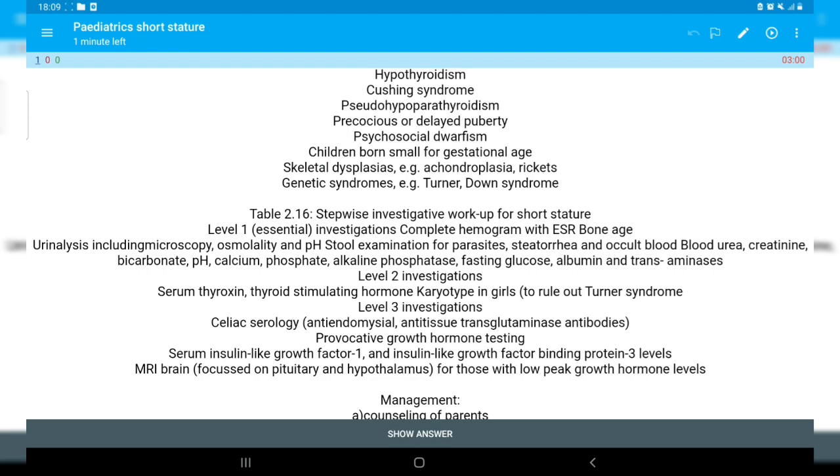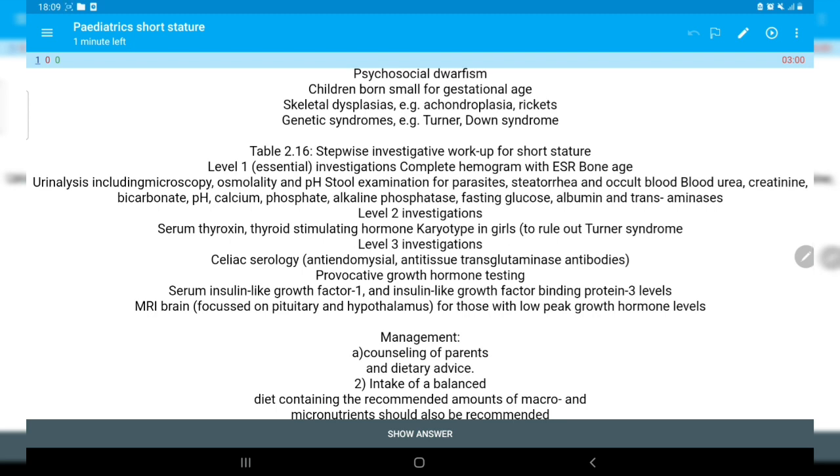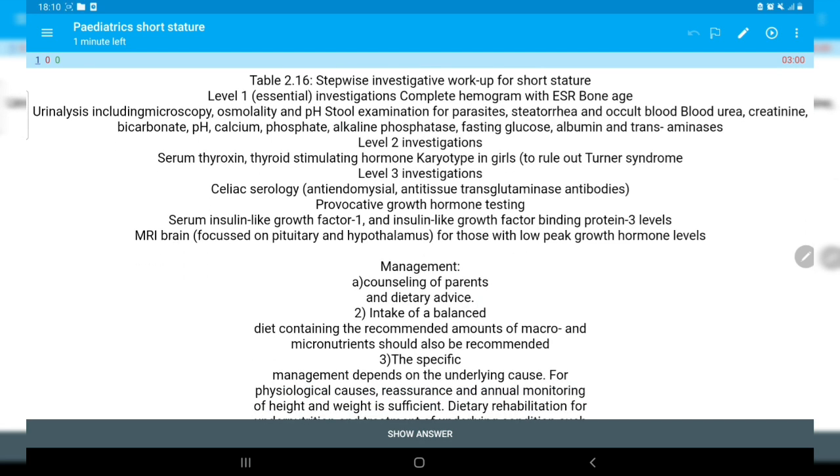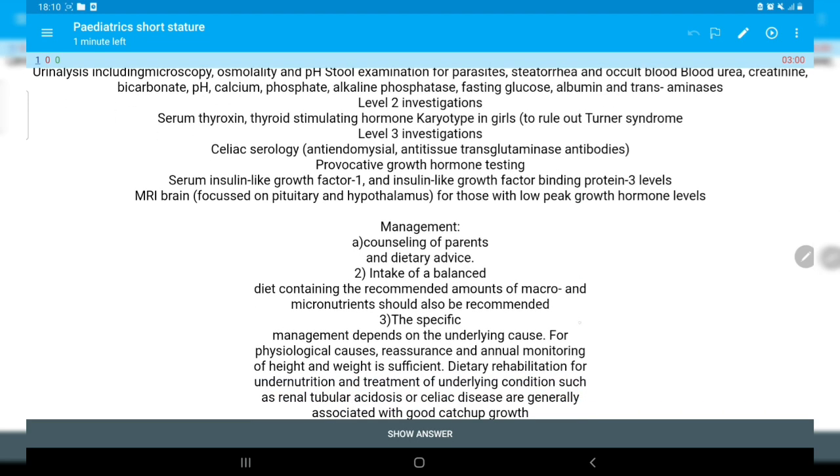Level 2 means serum thyroxine and thyroid stimulating hormone. In level 3 we do celiac serology, that is anti-endomysial and anti-tissue transglutaminase antibodies, provocative growth hormone testing, serum insulin-like growth factor and insulin-like growth factor binding protein 3 levels, and MRI brain.